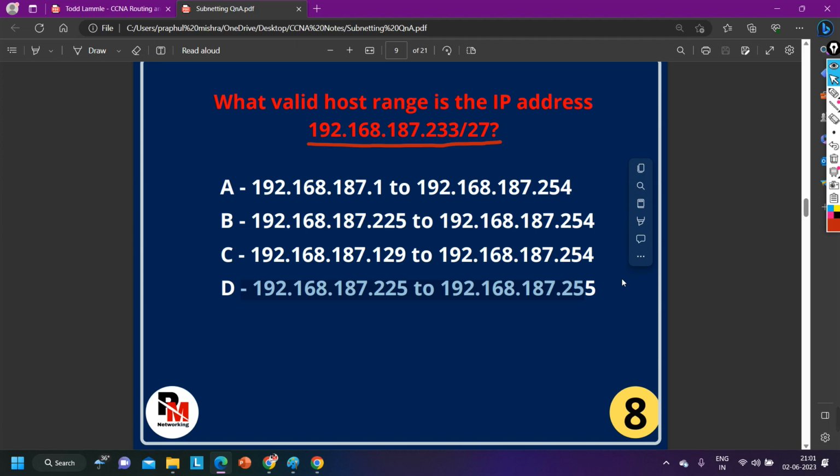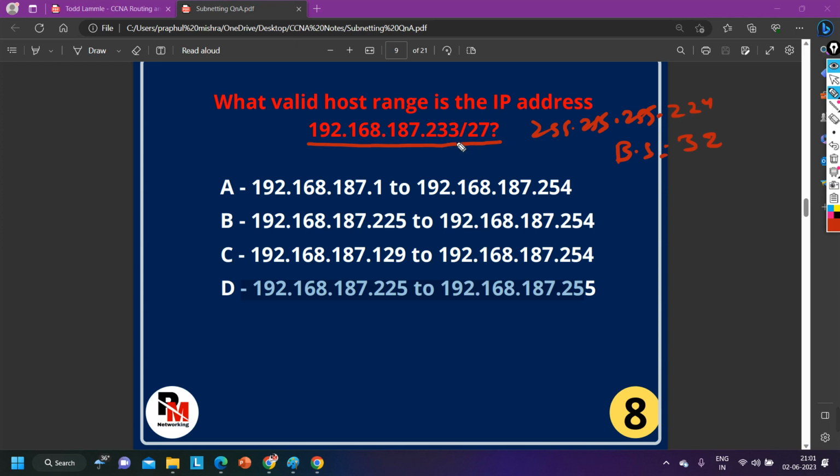Okay. Tell me, what will be the subnet mask? 255.255.255.224. So block size will be 32. So network ID will be what? 32 plus 32 plus 32, like this.